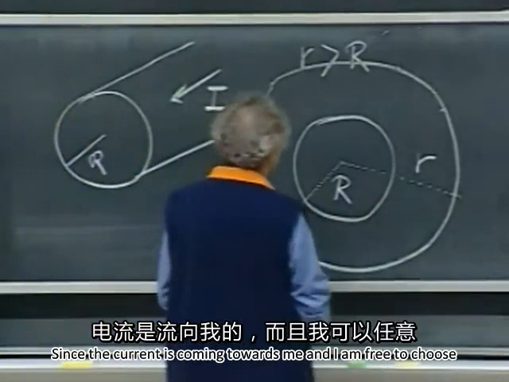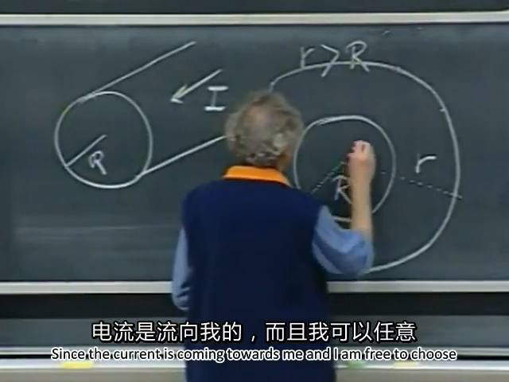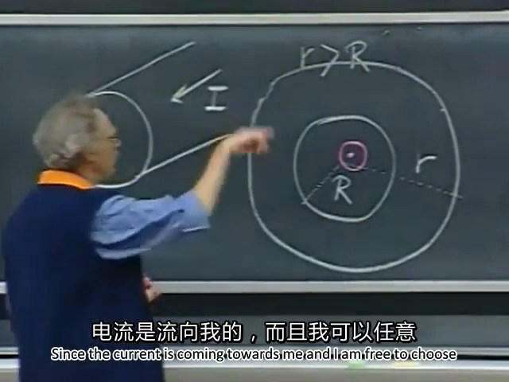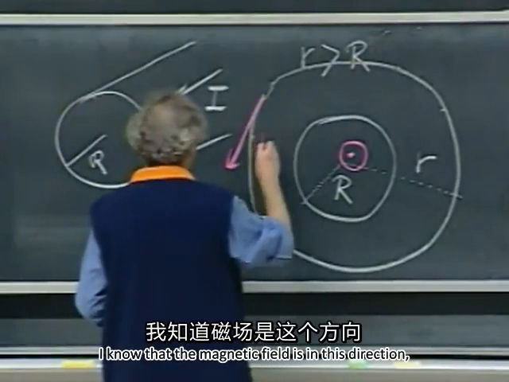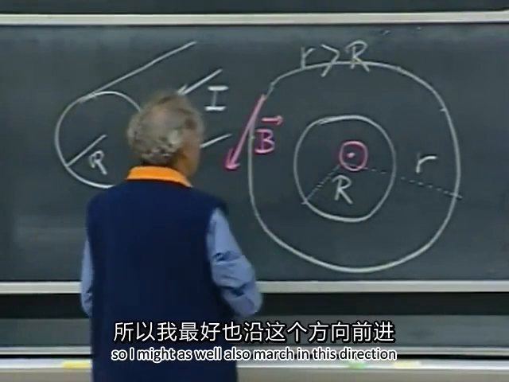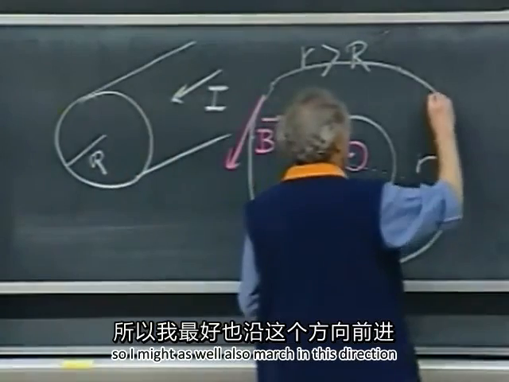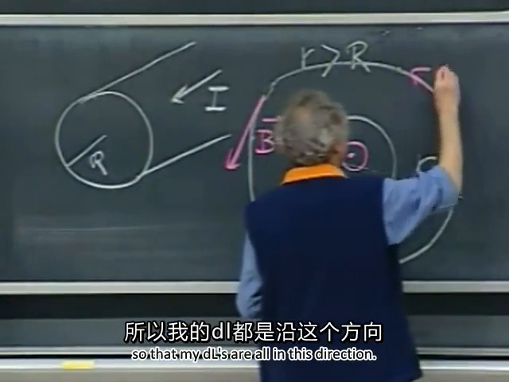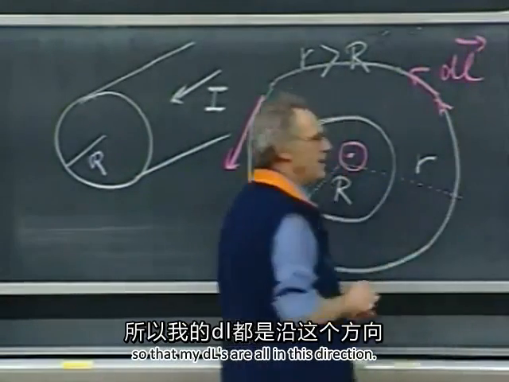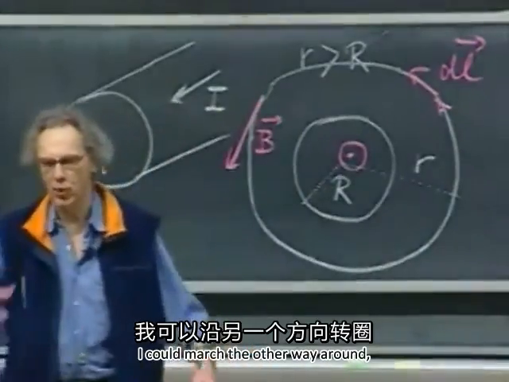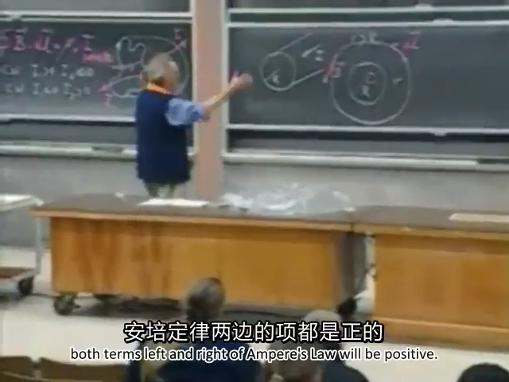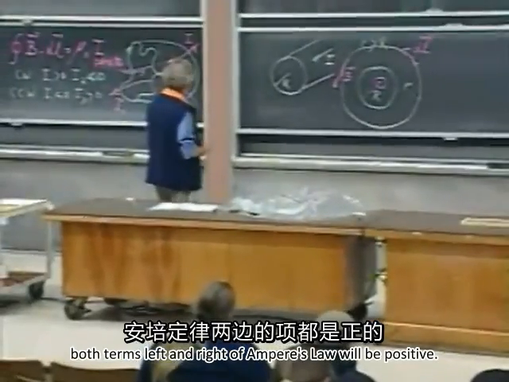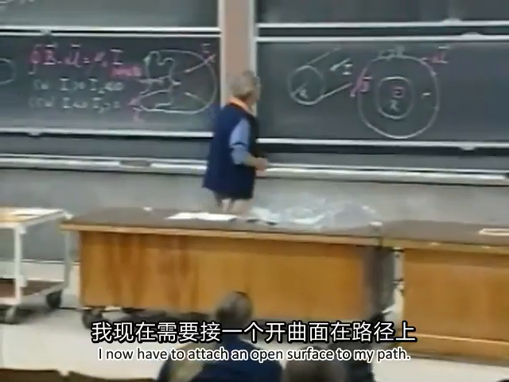Since the current is coming towards me, and I am free to choose in which direction I'm going to march, I know that the magnetic field is in this direction, so I might as well also march in this direction, so that my dLs are all in this direction. I don't have to do that, I could march the other way around, but if I march counterclockwise, then both terms left and right of Ampere's law will be positive.